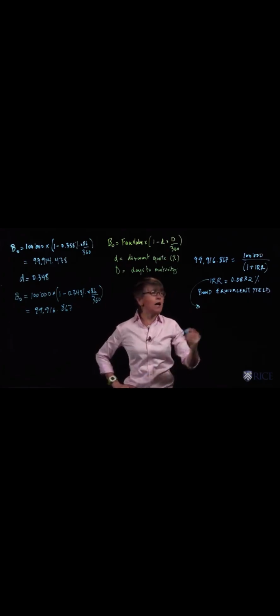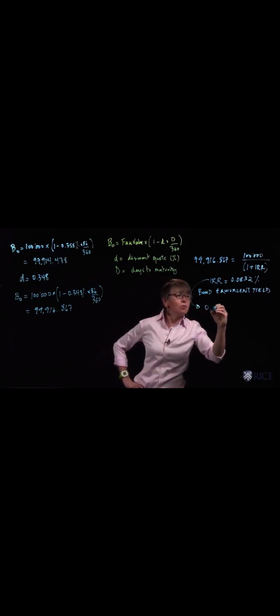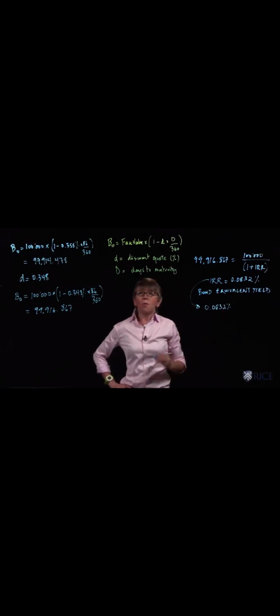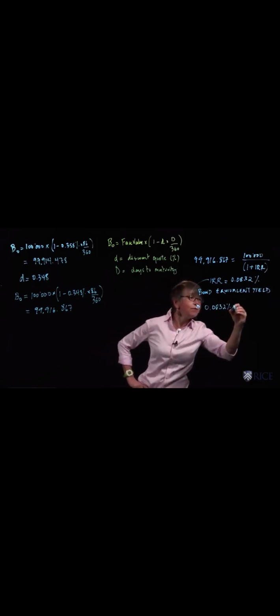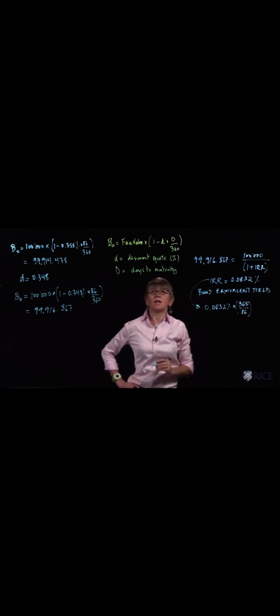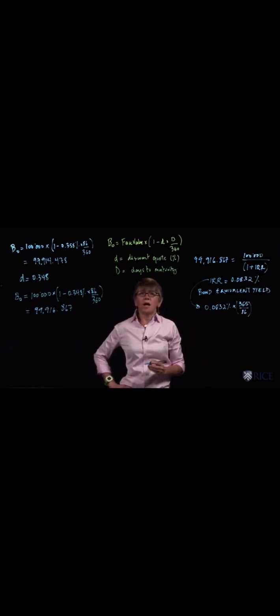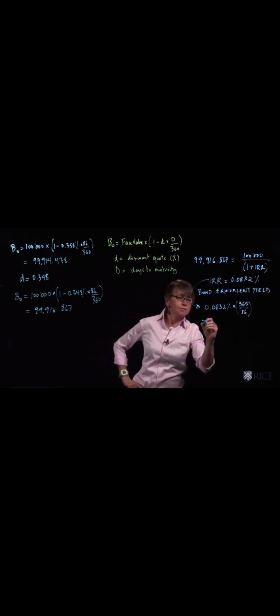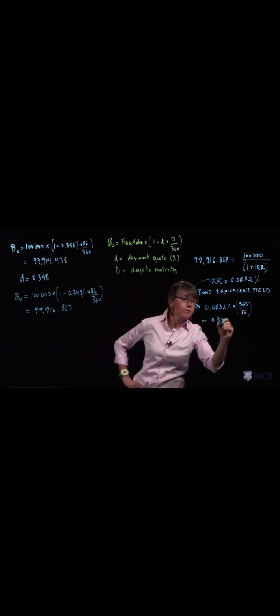How do I do that? Well, take the 0.0832%, multiply it by the number of 86-day periods in a year, and what you're going to find is 0.353%. Okay?